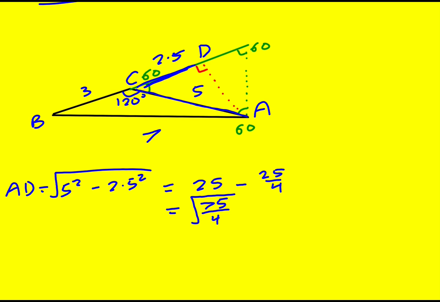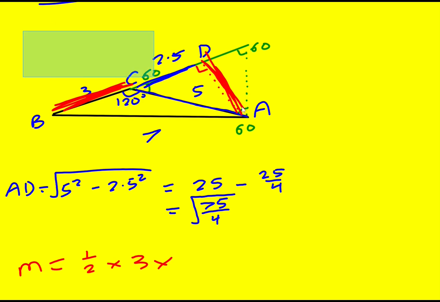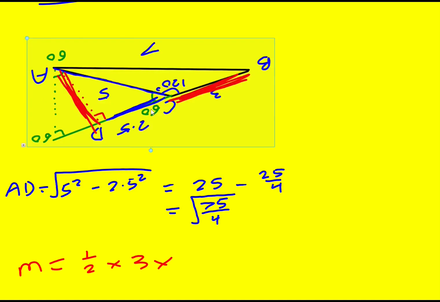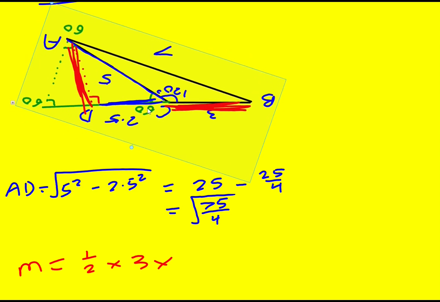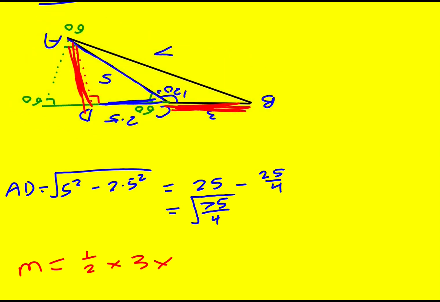So if I want to now find the area M, then I just need the base times the perpendicular height. And this is the base. It's a half times 3 times my perpendicular height, which is all the way over here. You kind of have to almost turn it, let me turn it around. So you turn it around to this, and then you can see that the 3 is the base, and root 75 over 4 is the perpendicular height.